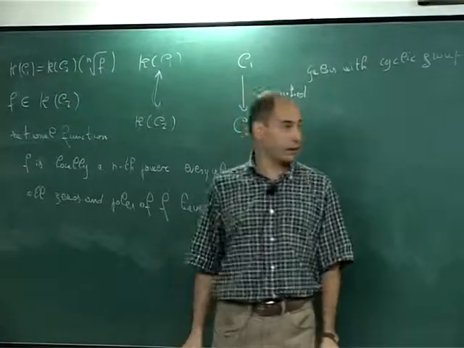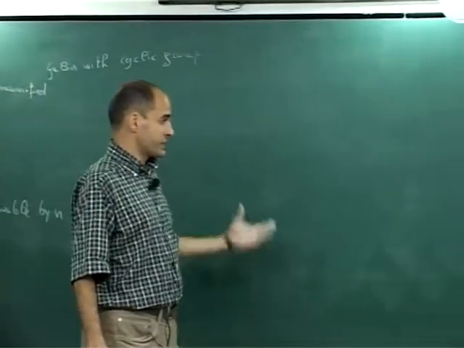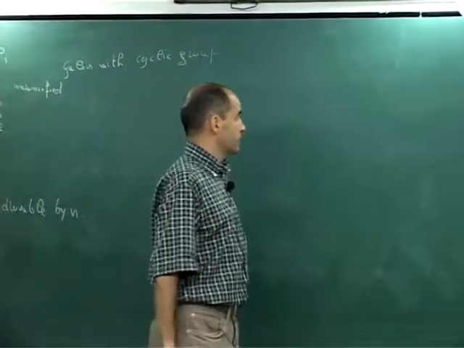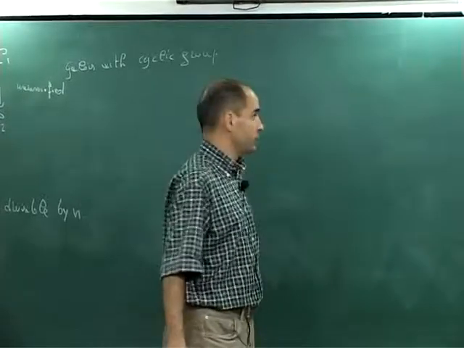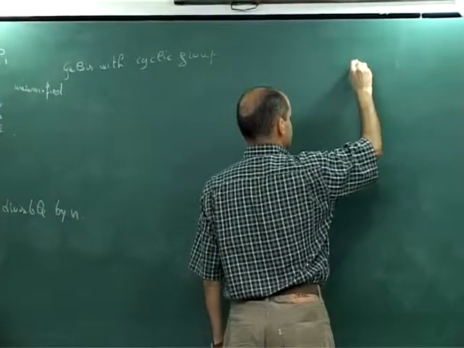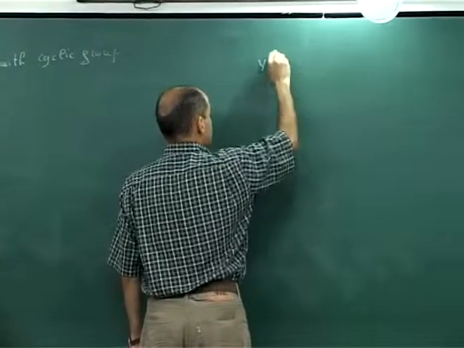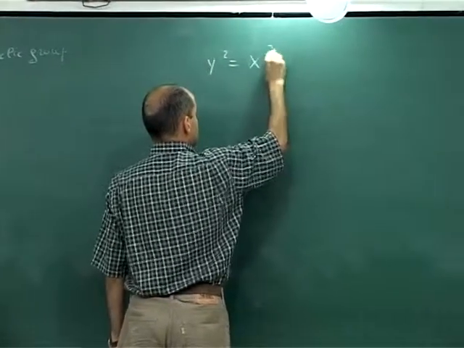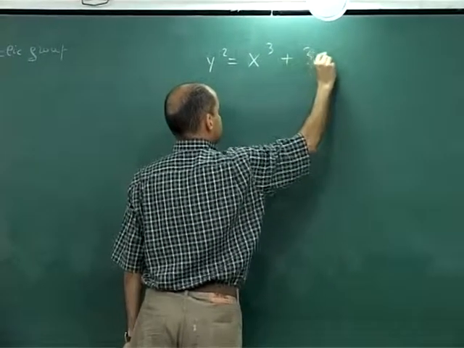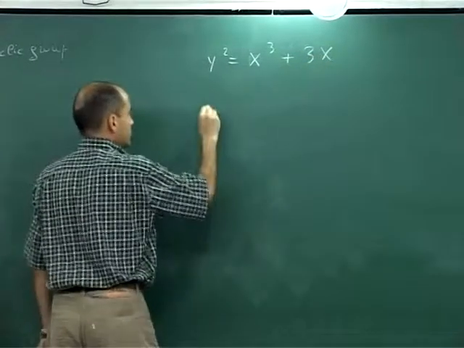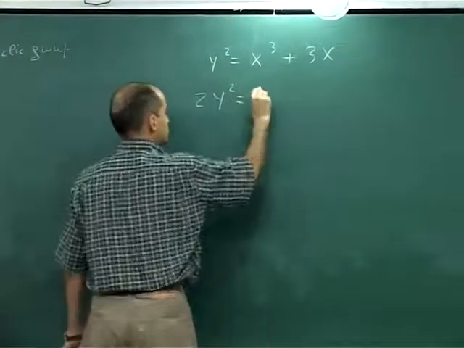And you can see this fact in a particular case of an elliptic curve. Consider the elliptic curve, for instance, y square equals x cubed plus 3x, for instance. For the coordinates, it is this one.